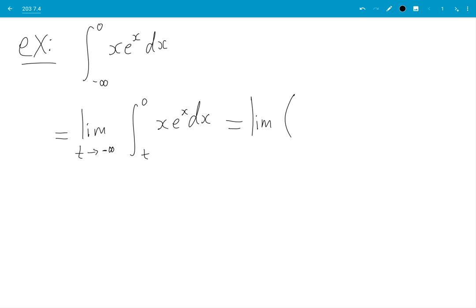So what do I do here? I do integration by parts, which I believe is going to give me this. I'm not going to show you my work, but we'll just say that.